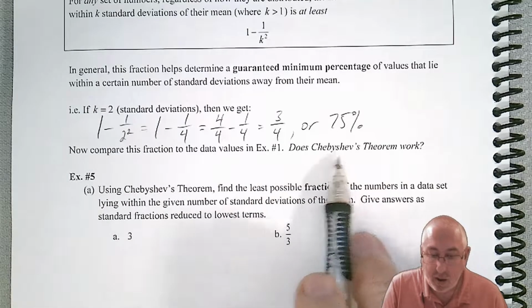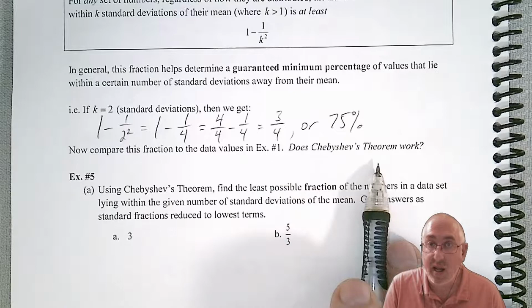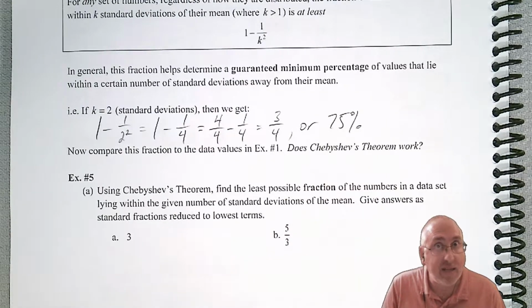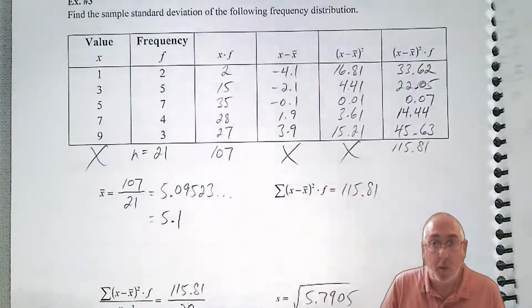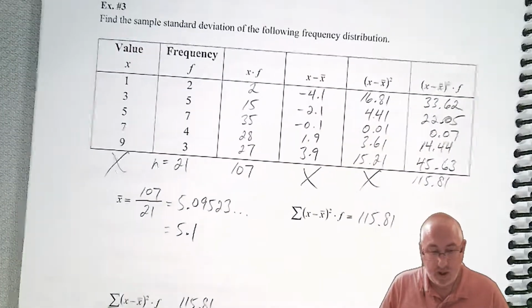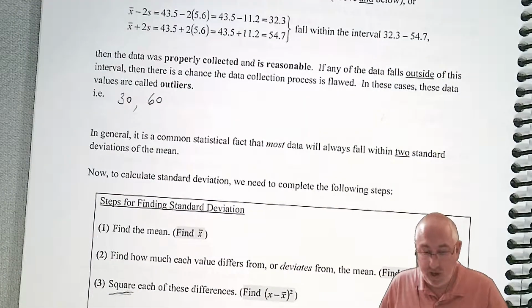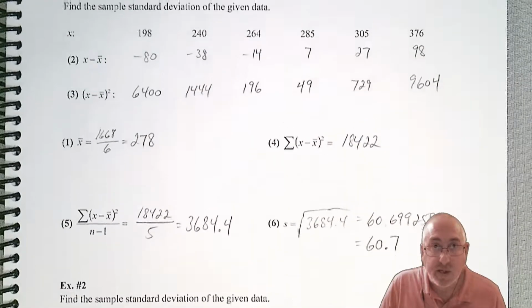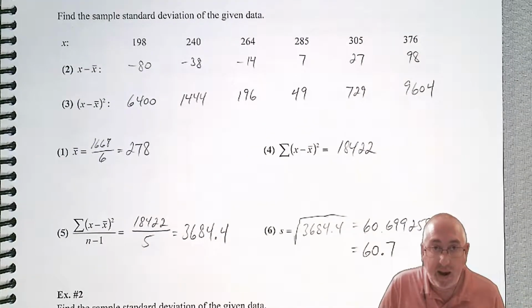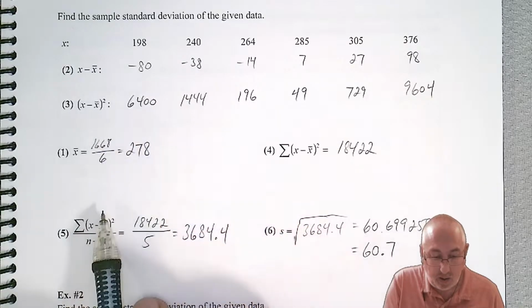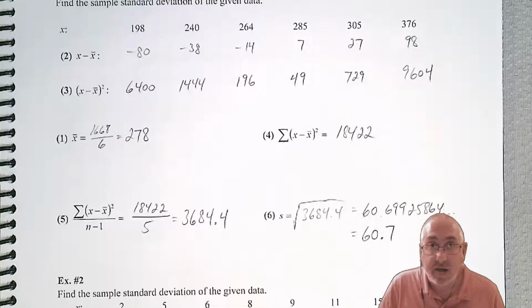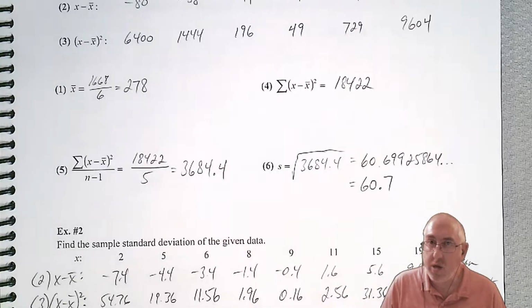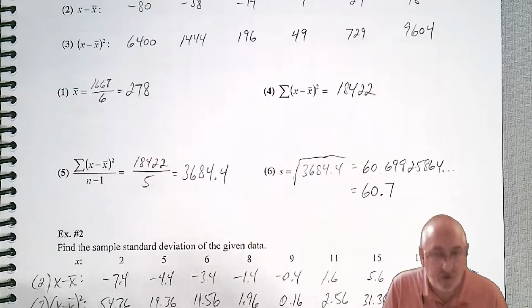So let's take a look back at example 1 and verify if Chebyshev's theorem actually worked. Does at least 75% of the data fall within 2 standard deviations? If we go back a couple pages and look at example 1, we had our mean of 278 and our standard deviation of 60.7. Let's see what those cutoffs would be, 2 standard deviations away.